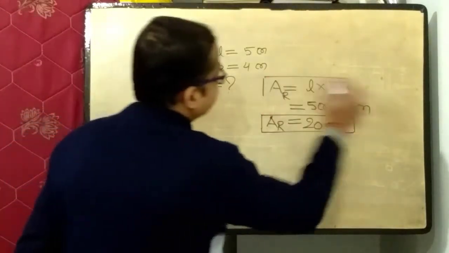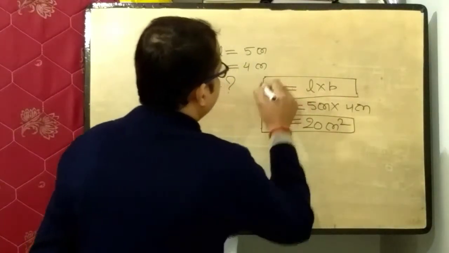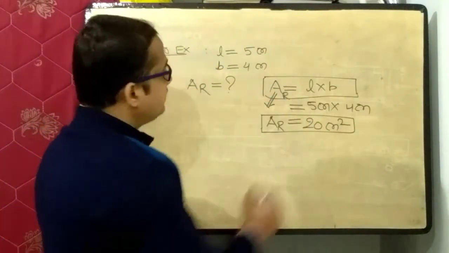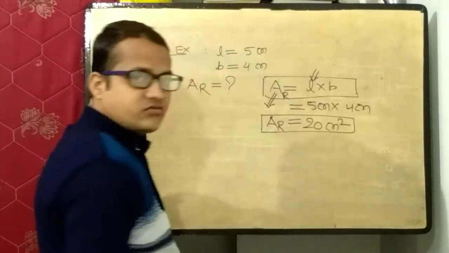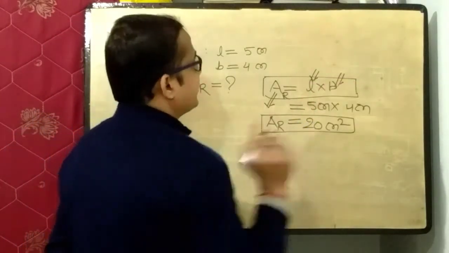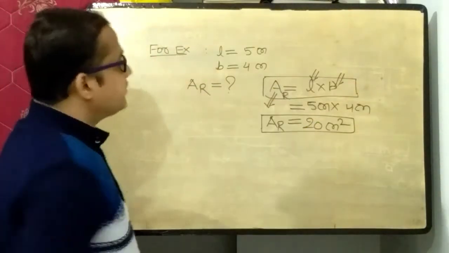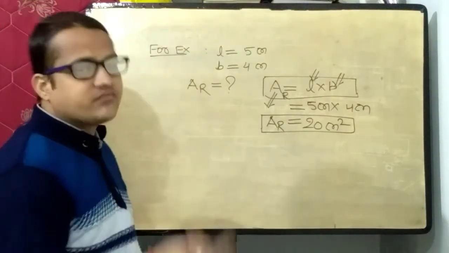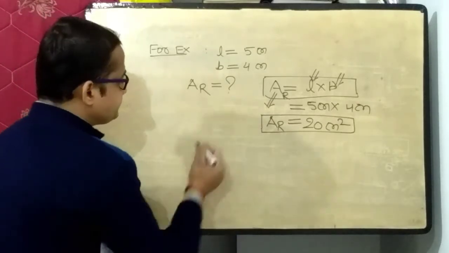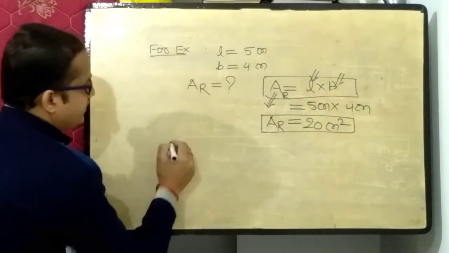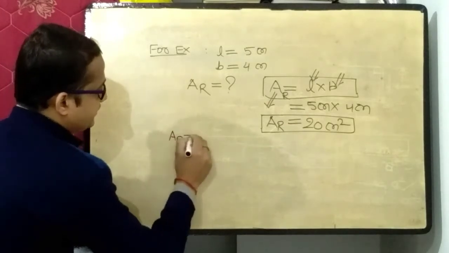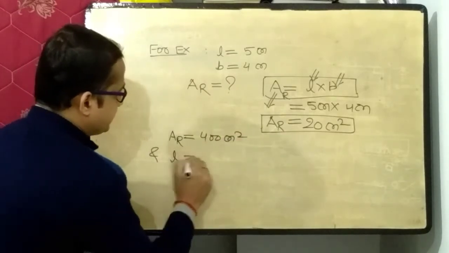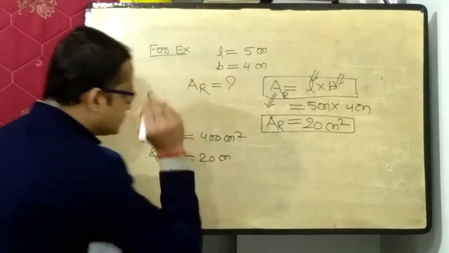In this formula there are three unknowns. The first unknown is AR, that means area of rectangle. The second unknown is length of rectangle. The third unknown is breadth of rectangle. Out of these three unknowns, if I provide any two, you can easily find the third. Suppose area of rectangle equals 400 meter square and length of rectangle equals 20 meter.